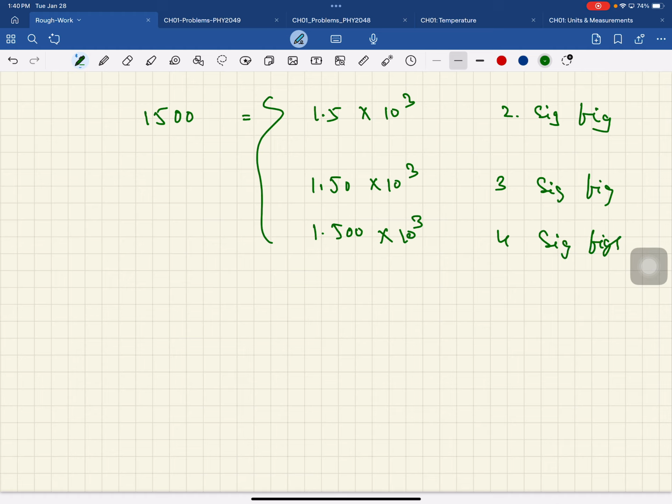So to convey the number of significant figures, you have to write in scientific notation.